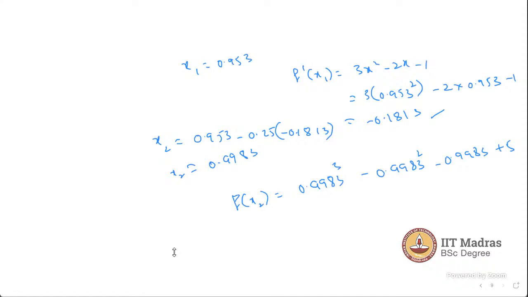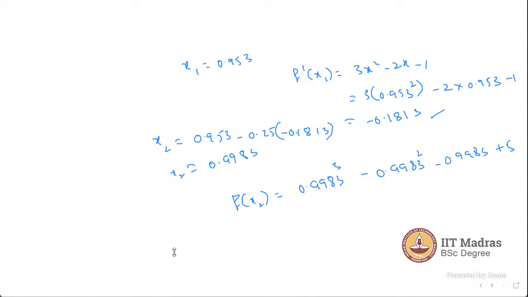But sir, in this we need not check f of x, because the goal of the question is to reach x close to 1. No, our goal is to reach f of x, not x. But sir, the question said the error in x should be 0.001.